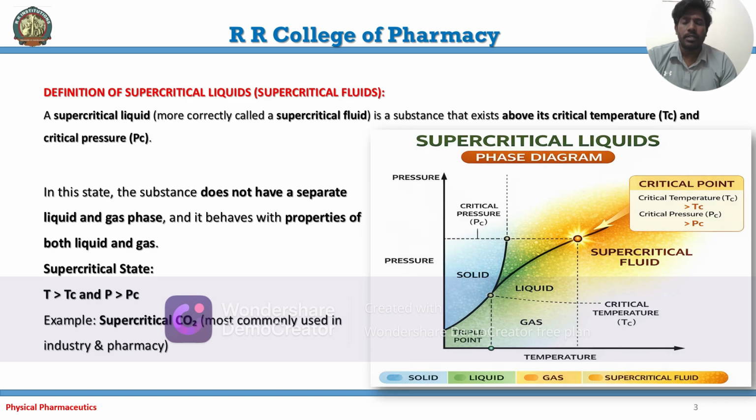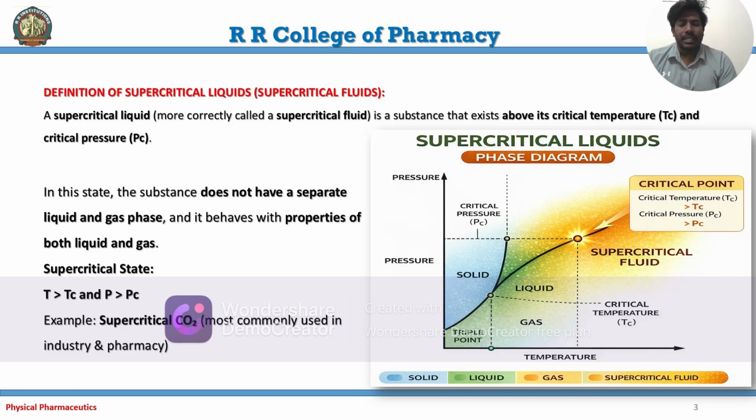Definition of supercritical liquids. Supercritical fluids can be defined as a substance that exists above its critical temperature and critical pressure. In this state, the substance does not have a separate liquid and gaseous phase, and it behaves with properties of both liquid and gases.